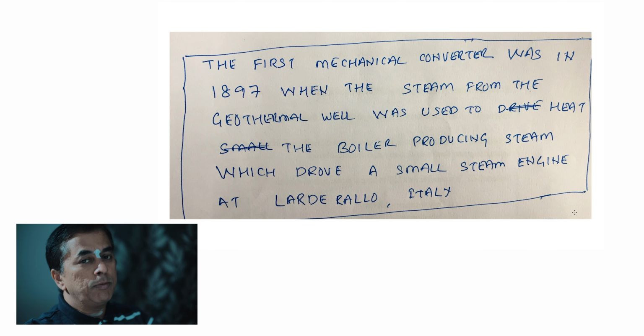That is, they started procuring the energy of the geothermal well, and this was used to raise the temperature of the steam, which was used for a steam engine. So this was the first known application of geothermal energy.